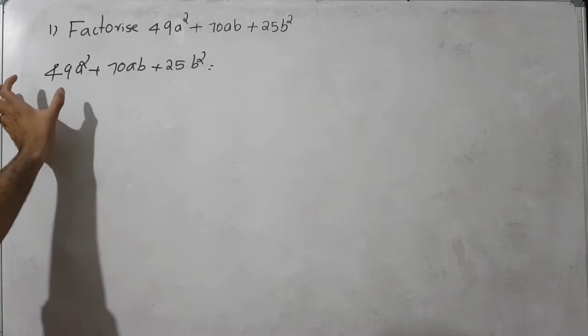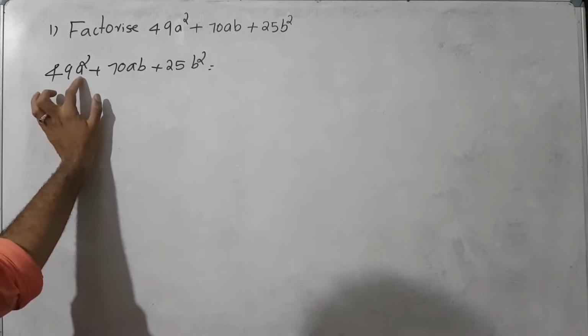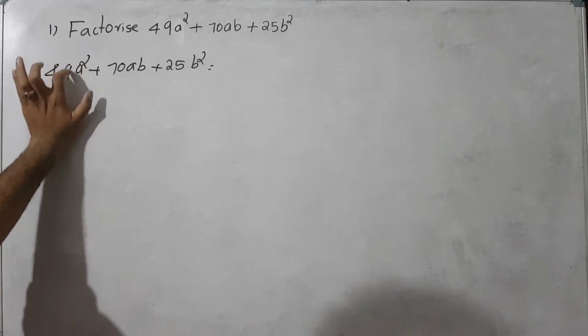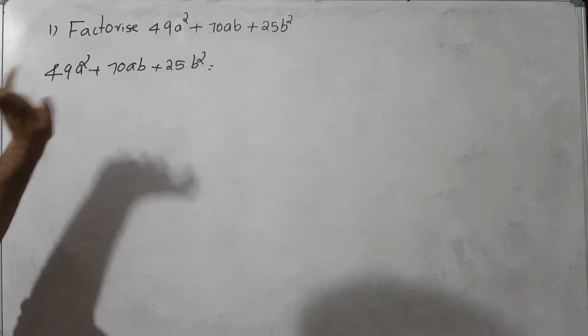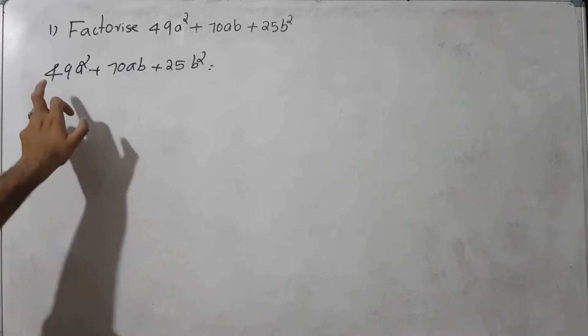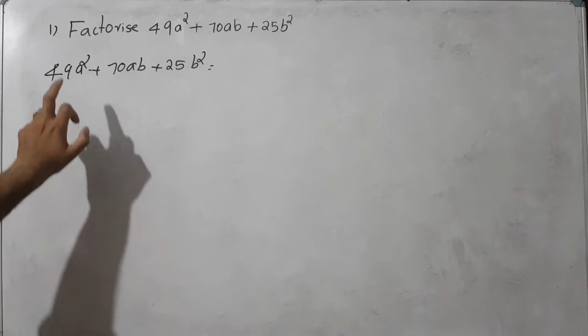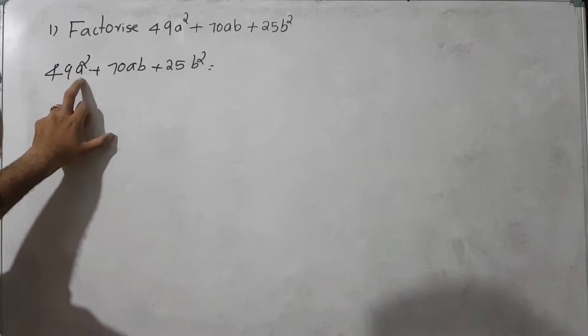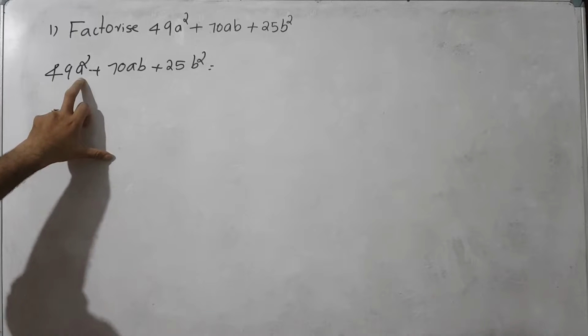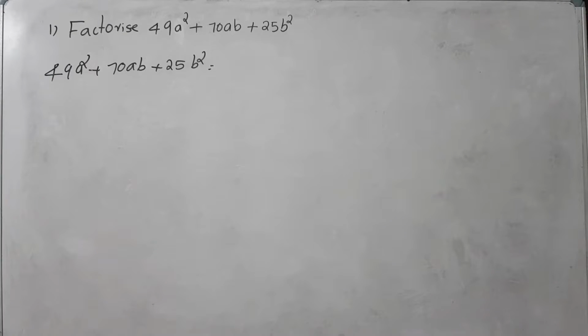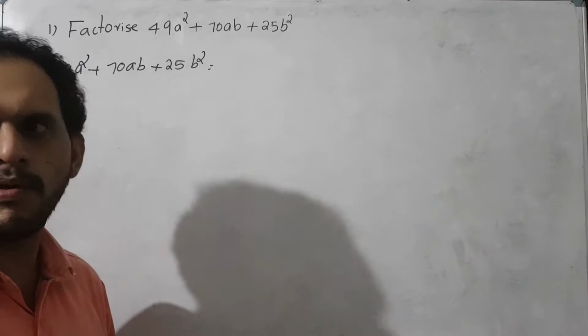Then we check: 49a square, the first term, is in the form of a square, correct? The variable is in square form, so we check whether the coefficient can also be converted to a square. Yes, 49 is the square of 7.